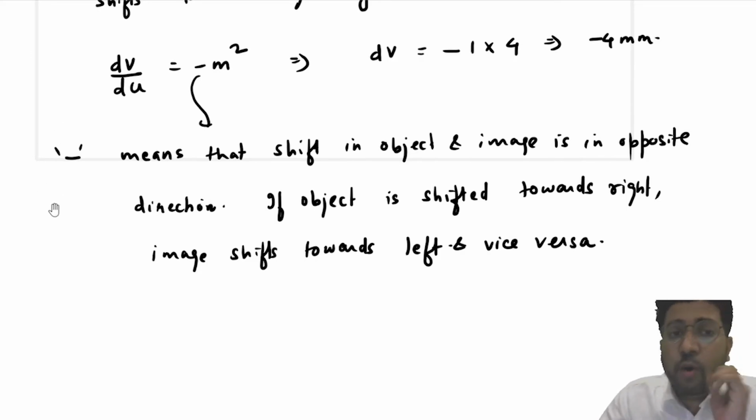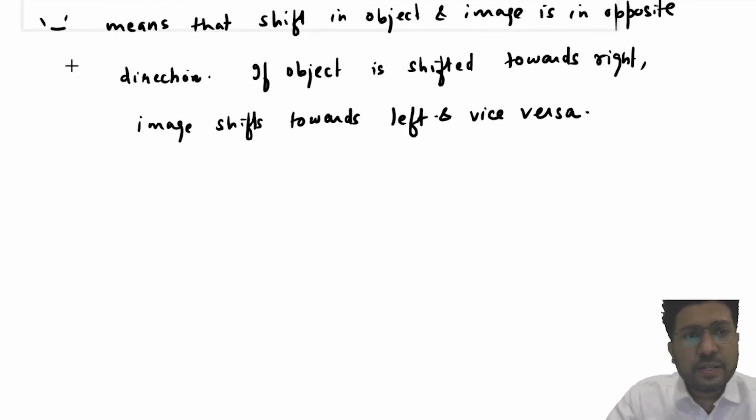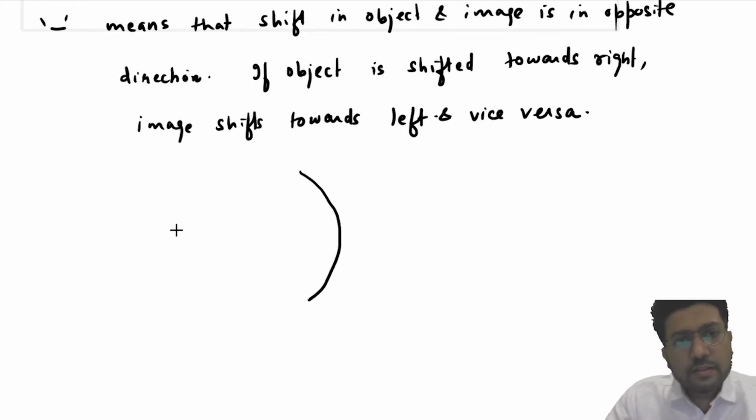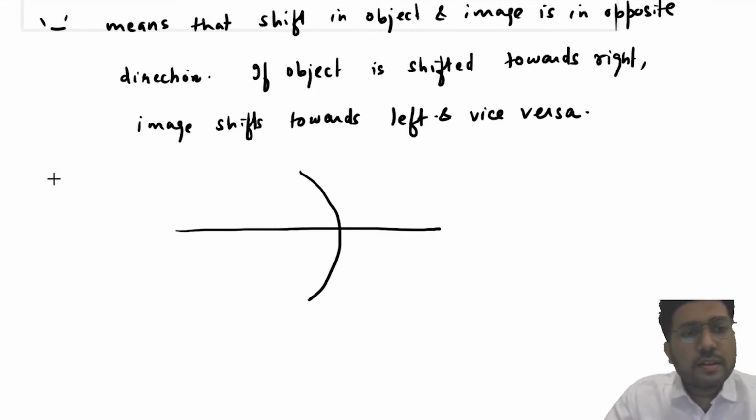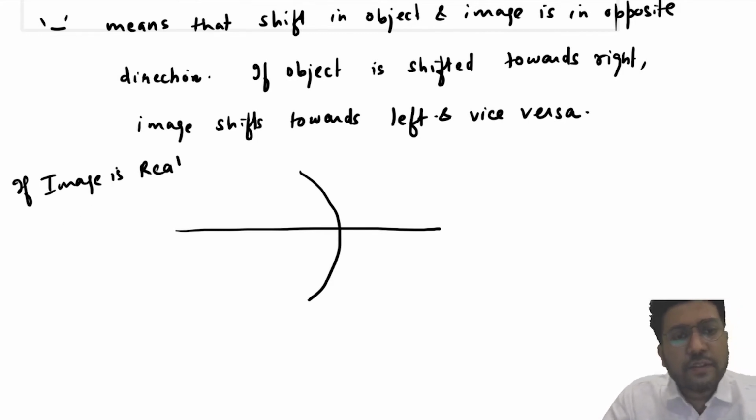Now there is one more way of representing this, listen carefully. See, suppose image is real. If image is real, in that case what will you say? Listen carefully. Image is real, that means that the image is in front side, right?